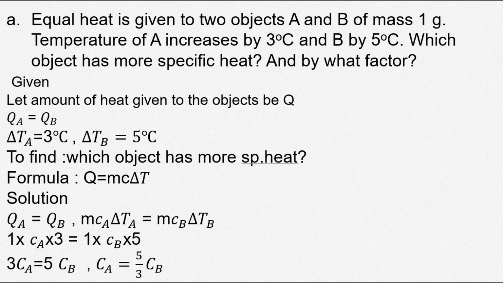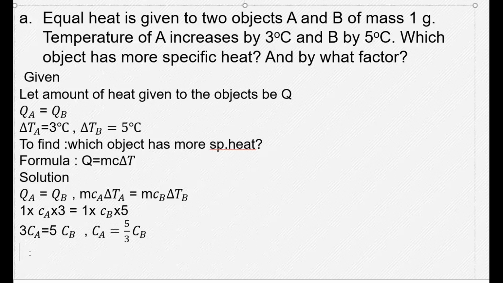Understood? So which is greater? CA is greater than CB. And by what factor is it greater? 5 upon 3 times. Which object has more specific heat? The specific heat of A is greater, or we can write A has more specific heat.